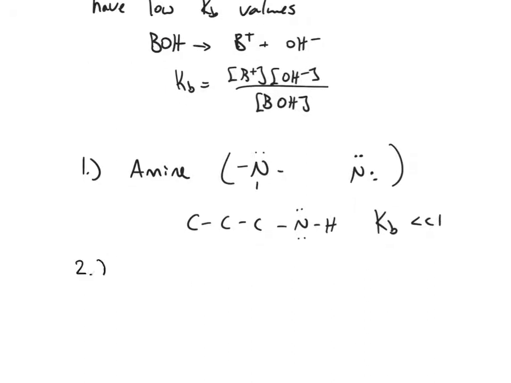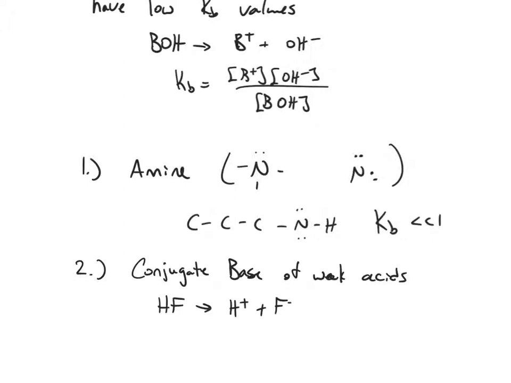Now the next one I want to talk about is the conjugate base of a weak acid. We talked in a previous slide about the acid and its conjugate base. Now if I take this conjugate base in the form of some salt, maybe instead of just F minus, I plop NaF into solution and I get Na plus and F minus.